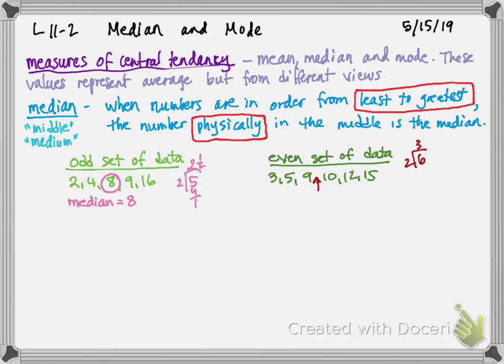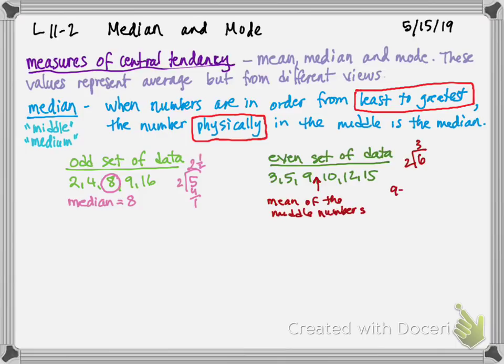Now, because it falls between 2 numbers, I need to find the mean of the 2 middle numbers in order to find the median. So in this case, we may have a median that's not an actual number in the data, it's just the place that's physically in the middle.